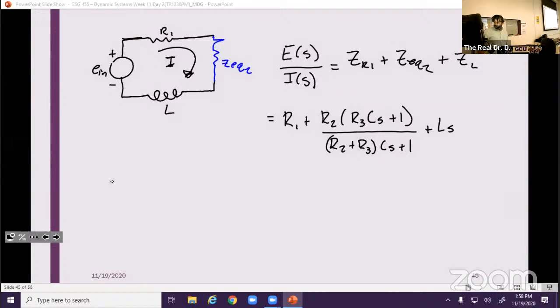Okay. So now we're going to algebra this and we're going to come up with common denominators, right? What's our common denominator going to be? This whole thing over here: R2 plus R3 times CS plus 1. So I'll multiply R1 times that and R2 times a fraction of that on top and bottom. And if I do that, I'll get this really super not gross looking function.